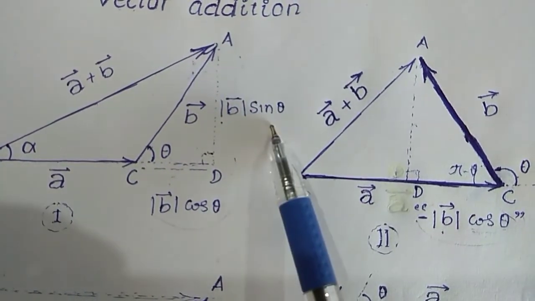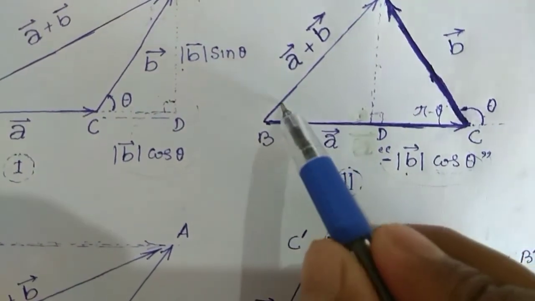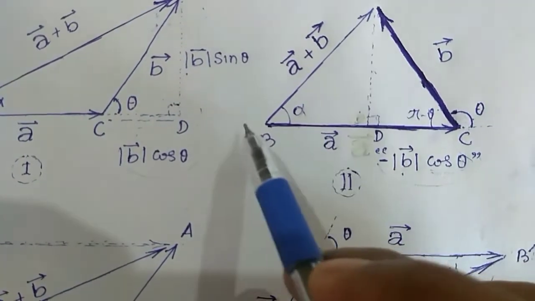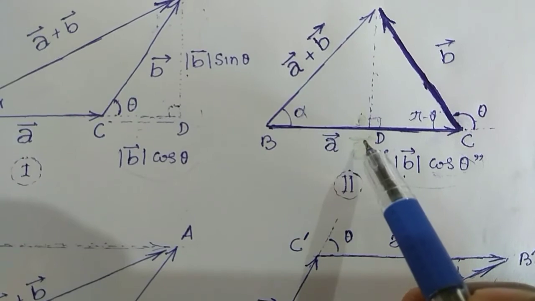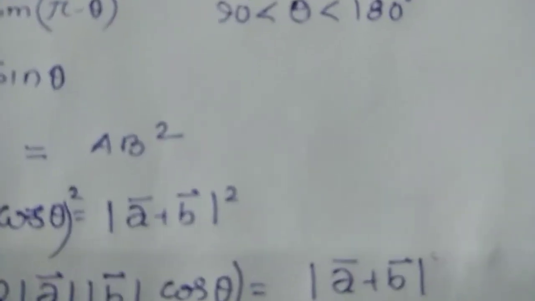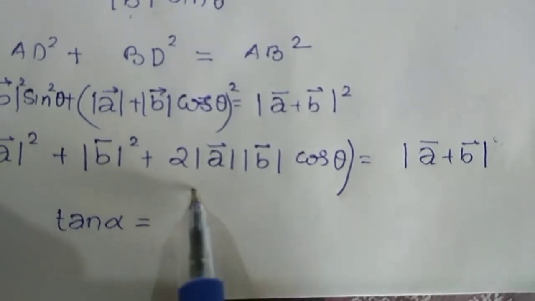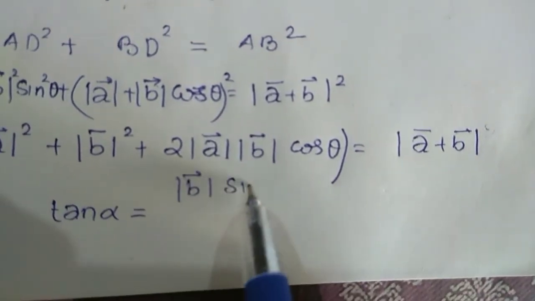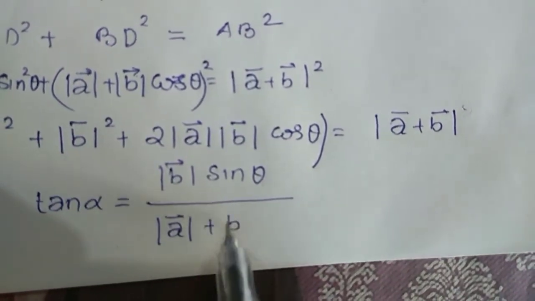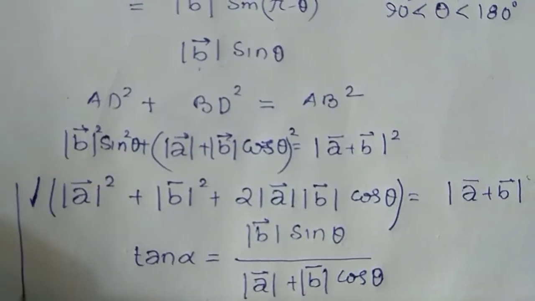This length is mod of B sine theta, and this is modulus of A plus modulus of B cos of theta. So the expression for tan of alpha is mod of B sine of theta divided by mod of A plus mod of B cos of theta. This is an expression.